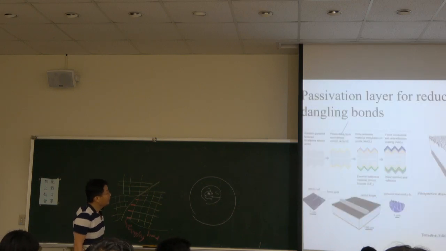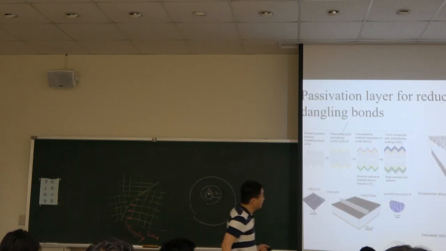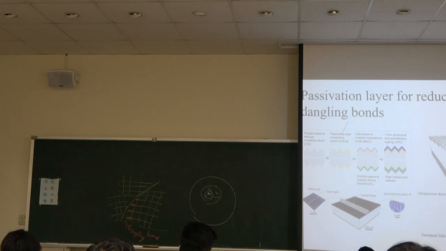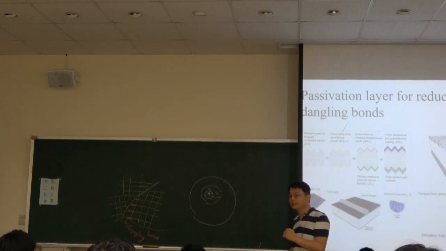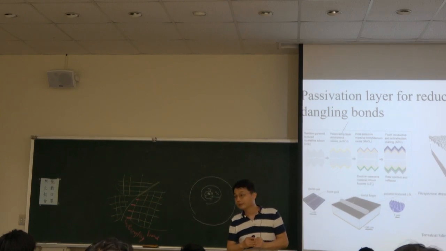Recombination center. So for passivation, how to do it is we can deposit, for example, a thin layer like silicon dioxide. This silicon dioxide not only adds a passivation layer, but also you can use it as an anti-reflection coating.